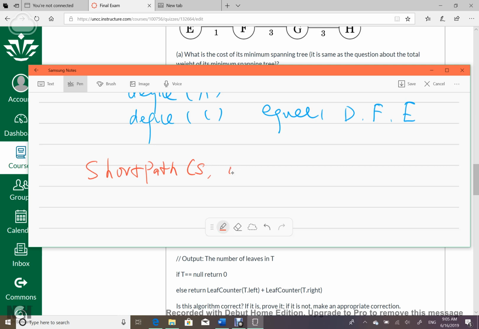So we see the shortest path from S to U is equal to the minimum of the shortest path S to V plus the weight.